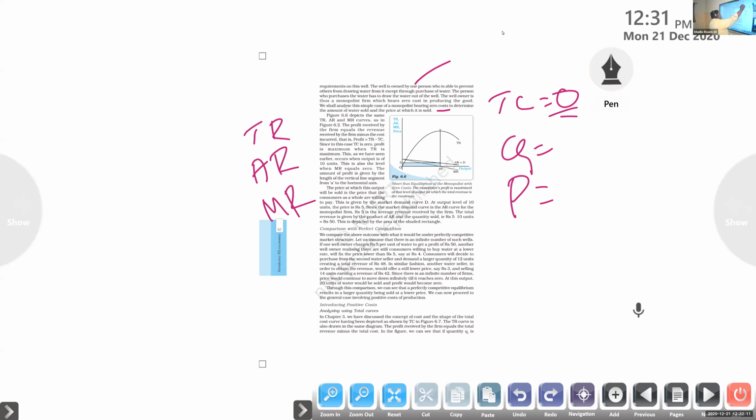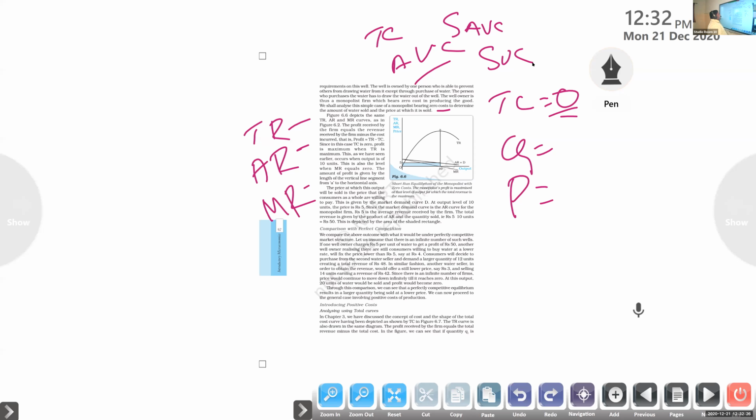So basically we use SVC, short run average variable cost. Clear? Long run average cost. Clear? That concept should be clear, then only can you understand these things here.